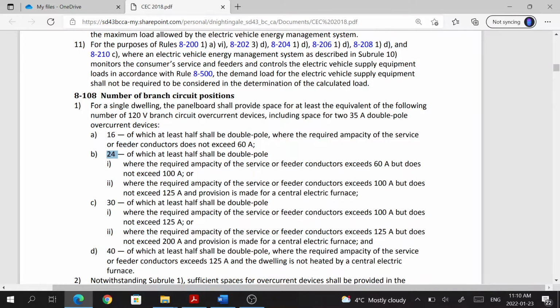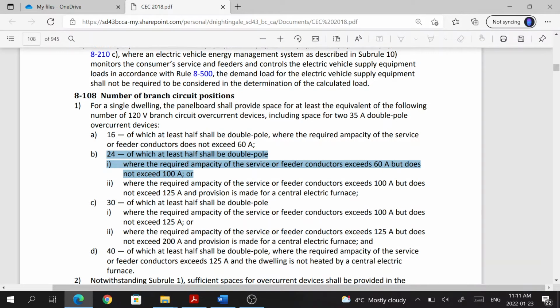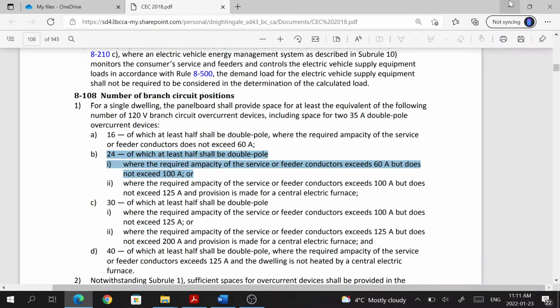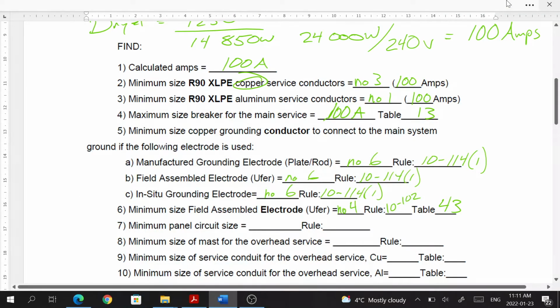So we fit in right there. 24. So 8-108 subrule 1B. 24.